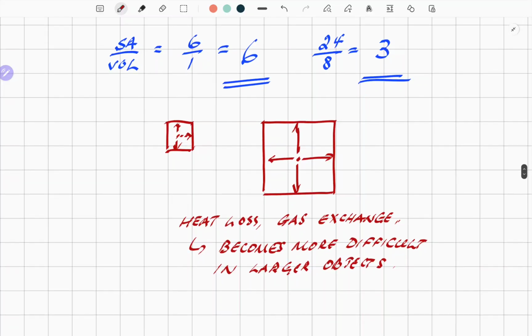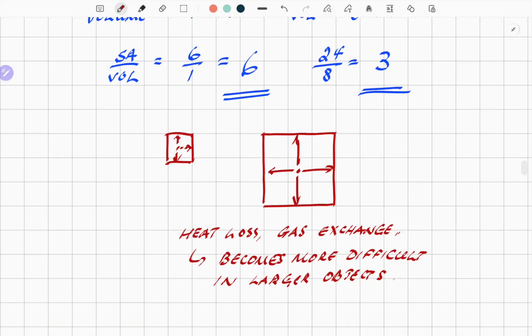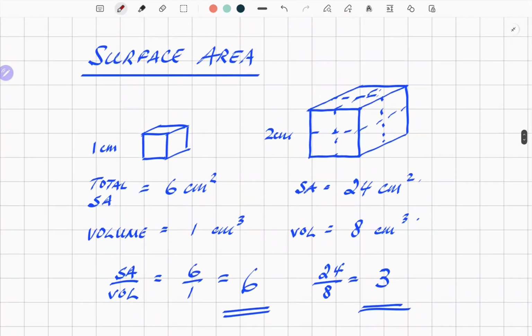Does that now make sense? So if I come back to my original diagram, if you have a big space, like your lung, for example, and it were just one great big bag like that, it would be less efficient.